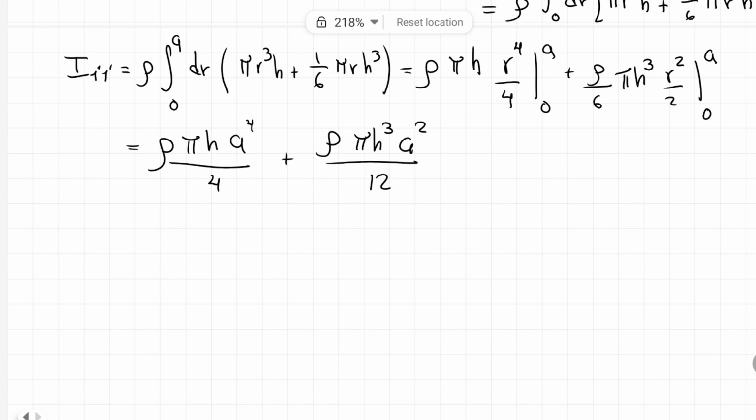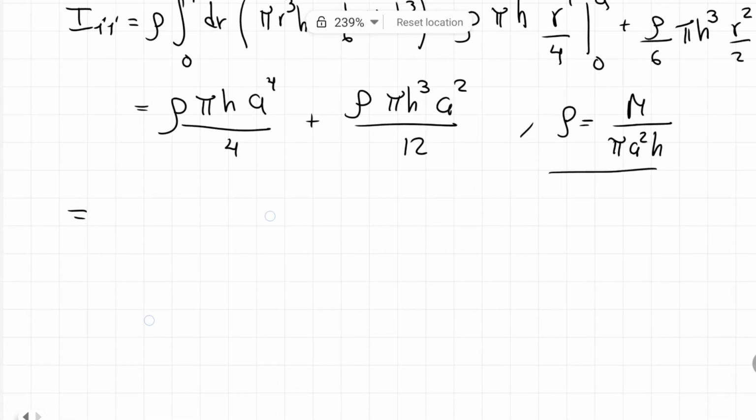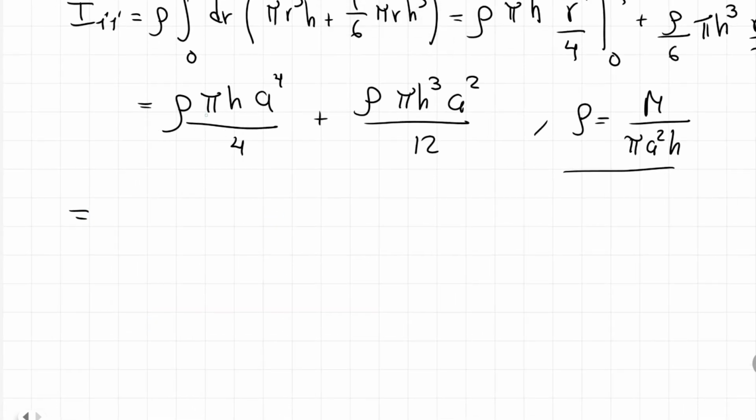Okay, and remember that we defined that the density is equal to the mass divided by pi a squared h. So if we use this formula into the result that we got, this pi will be cancelled, this h will be cancelled, we will have an a squared here in the numerator, so we will get m a squared divided by 4, and then plus, again this pi will be cancelled, this a squared will be cancelled, and we will get an h in the numerator times the mass, so this will be m h divided by 12.